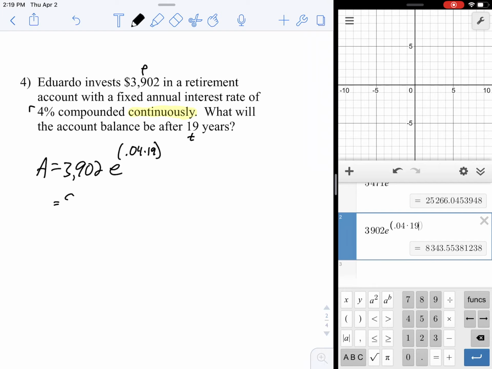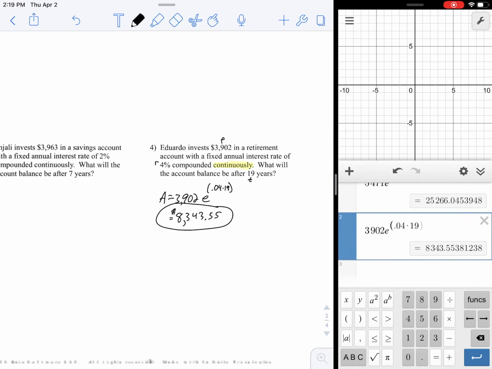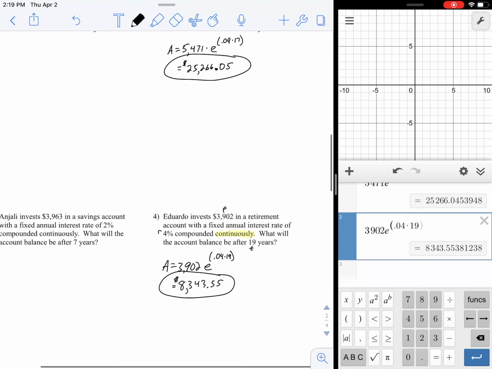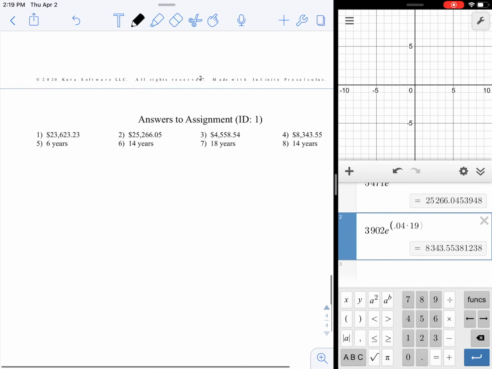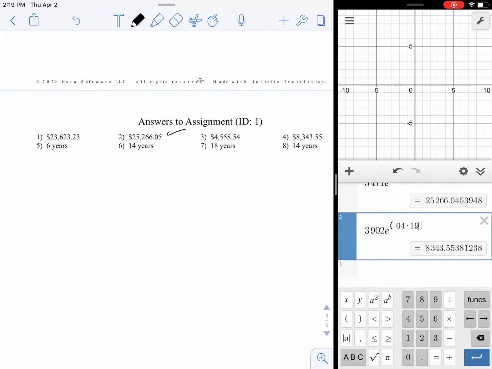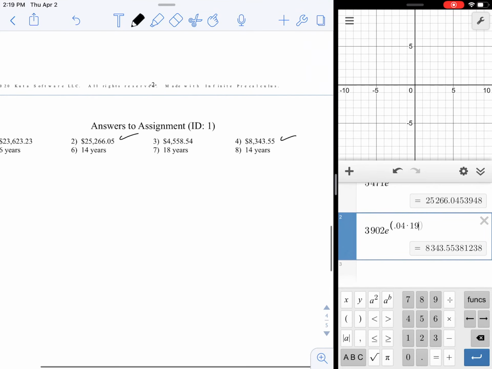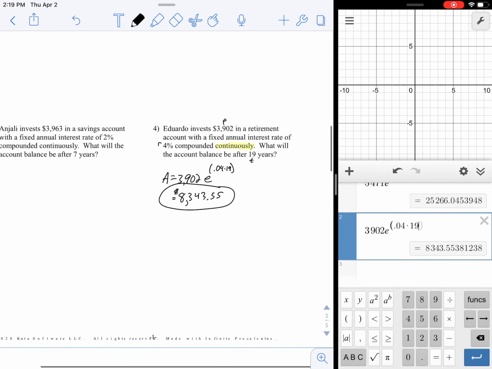And we get 8,300, oops, comma's in the wrong spot, $8,343.55. Stick a dollar sign on there, and done. All right, let me check 2 and 4, make sure I didn't make any mistakes. So we're looking for $25,000 and some change, $8,000 and some change. So 25,000, 8,050, yep, rounded off right and everything.